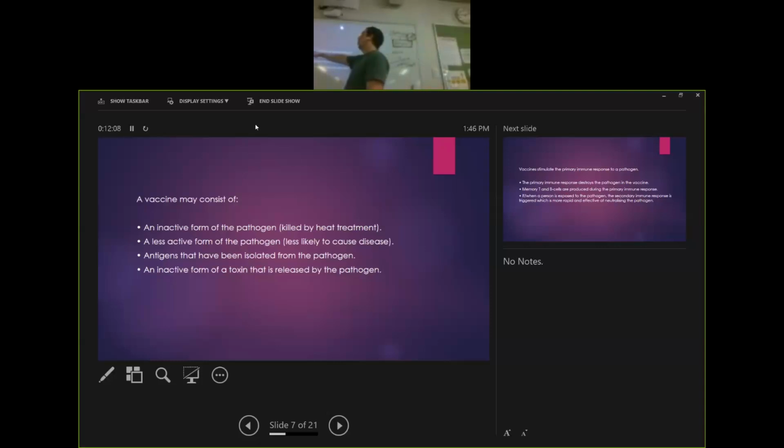They can come in the form of the entire pathogen, but in an inactive form. So they might kill the pathogen via heat, but still inject you with the pathogen. There might be a less active form of the pathogen, one that's not necessarily going to cause disease.